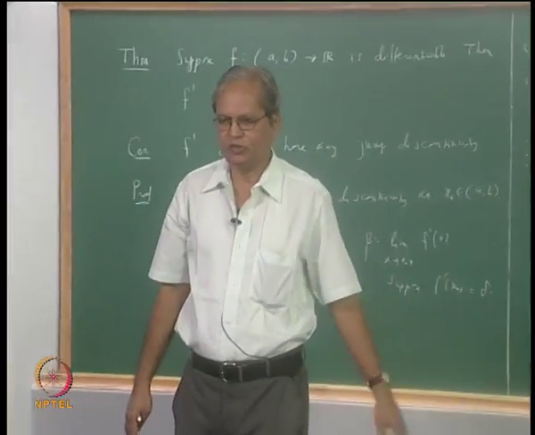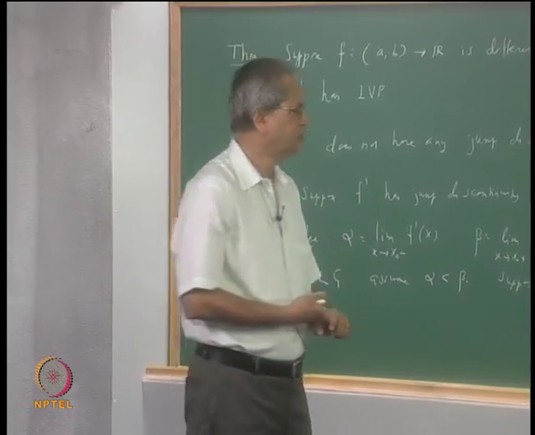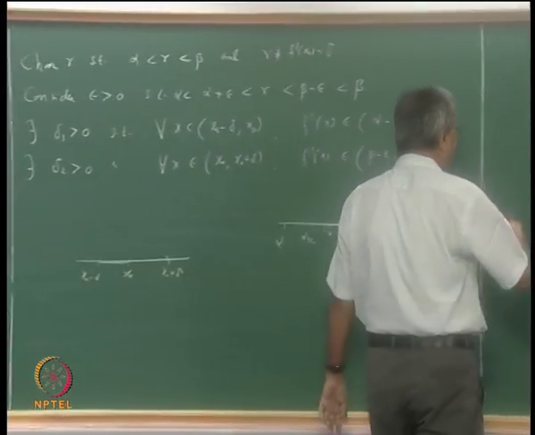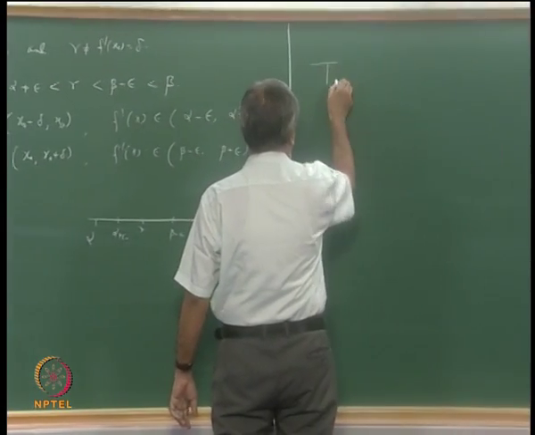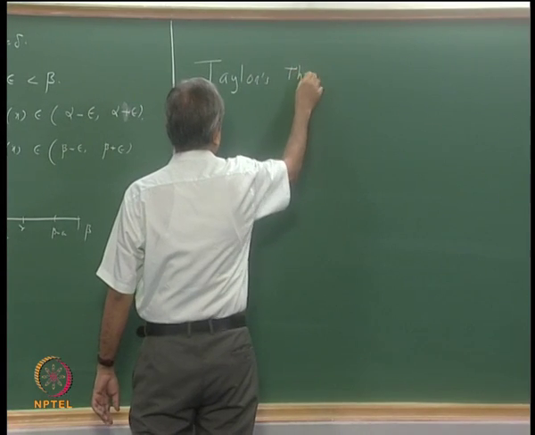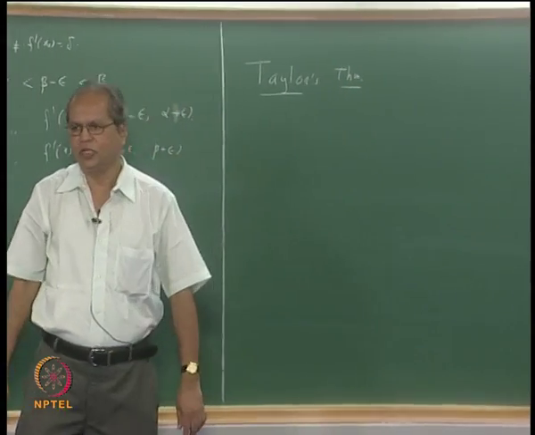See, all these we have seen as consequences of mean value theorems. There is a most general mean value theorem which I am sure you would have heard of, what is called Taylor's theorem. Now what is involved in Taylor's theorem?